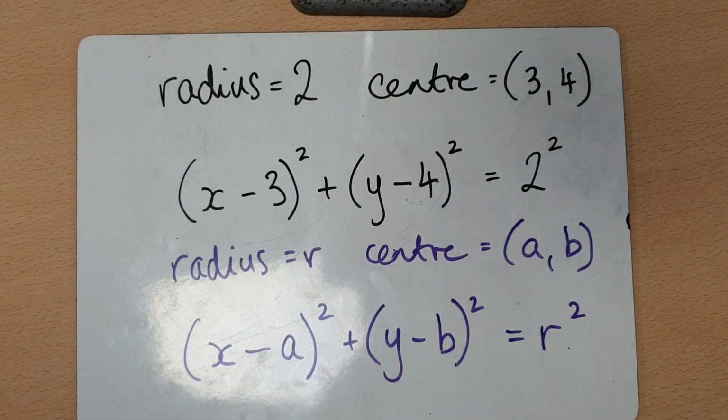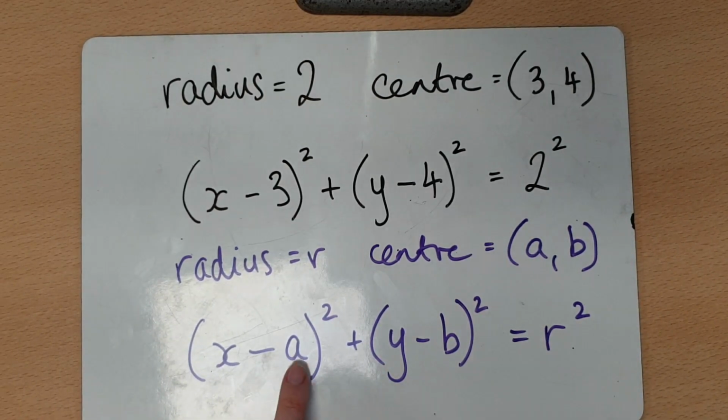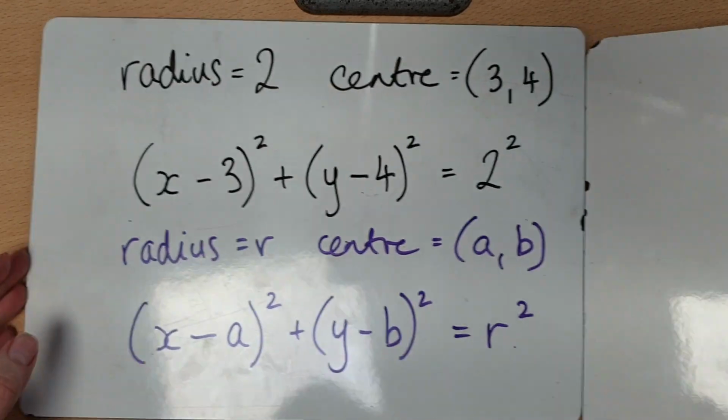If you've got negative coordinates for your centre, then you'll be subtracting a negative number. So this will turn into a plus.